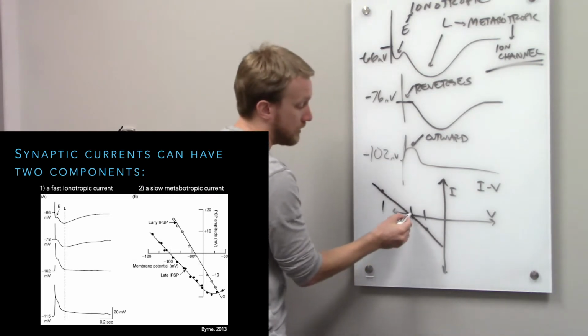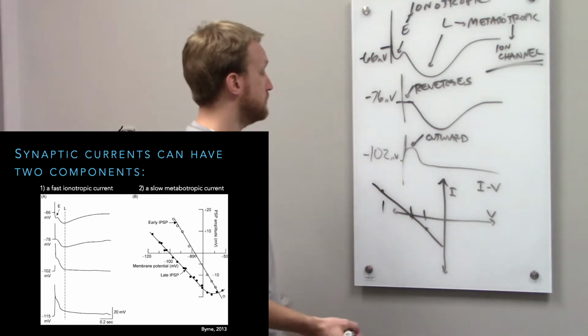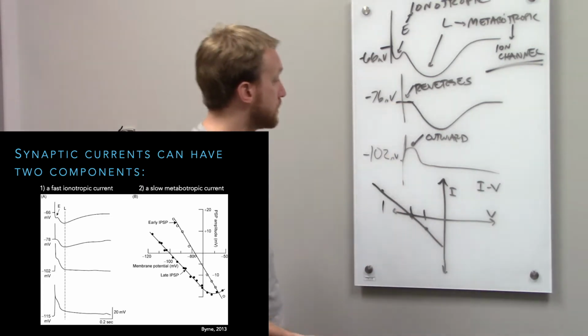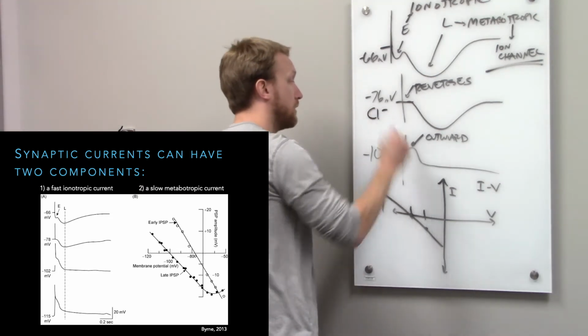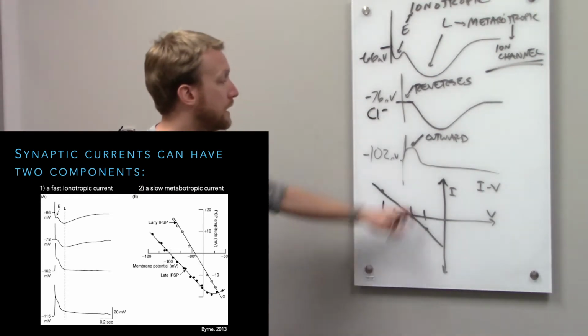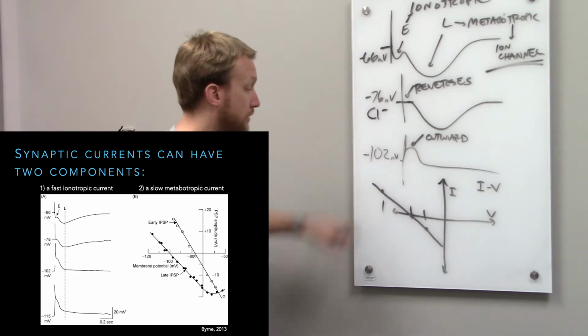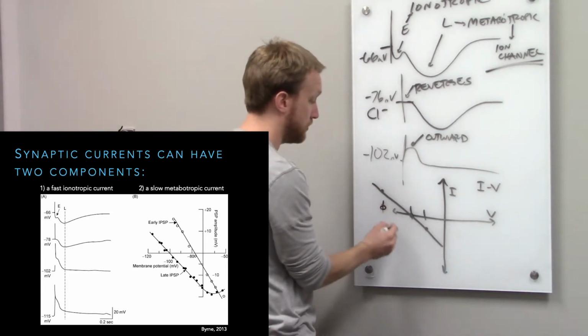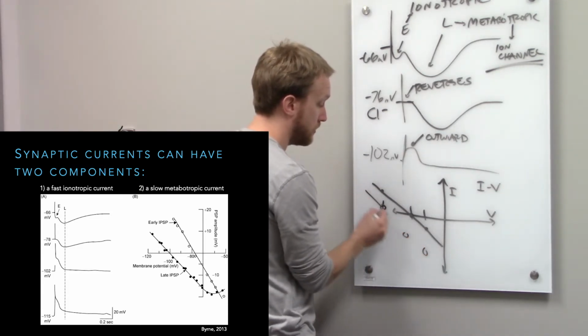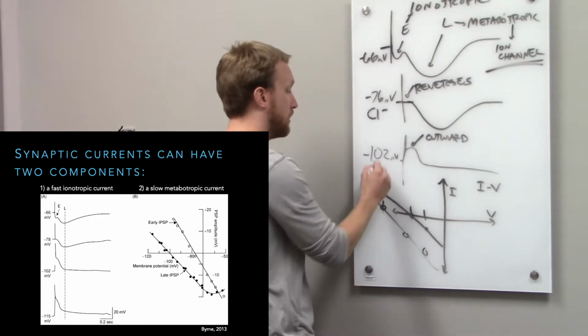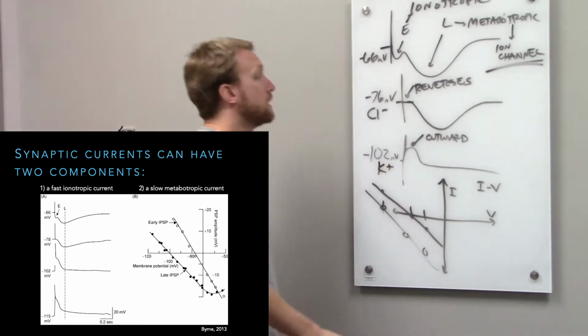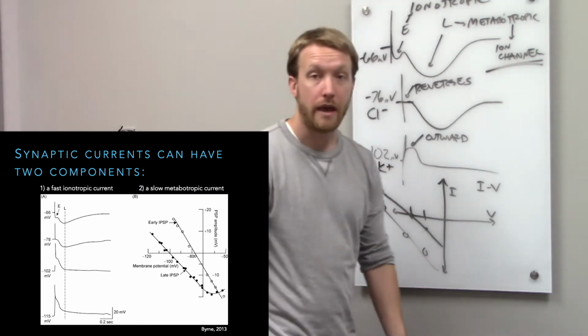The point at which we had no current, that's of course the reversal. So that should tell you that the early current is brought on by chloride. And that late current that disappears around minus 102, that's going to be brought on by a potassium channel. So this is most likely a GABAergic synapse.